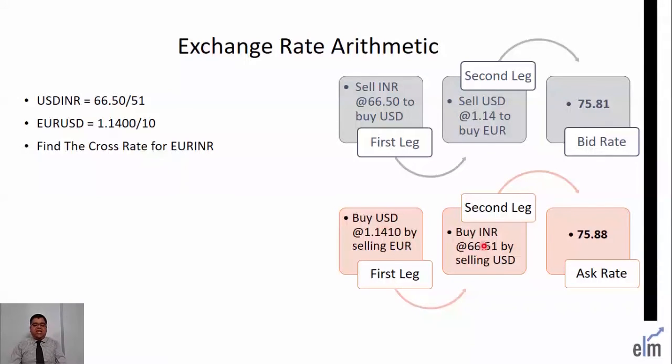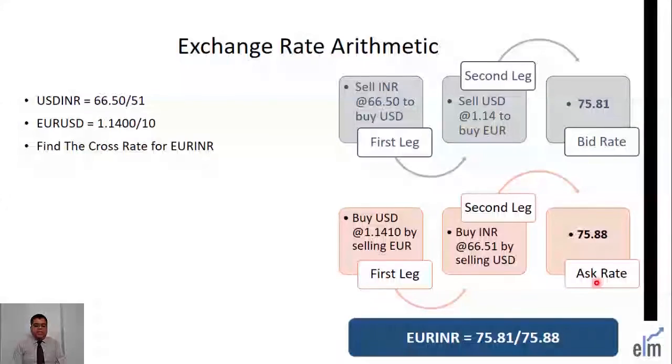Thereafter, we will sell the USD to buy INR at 66.51. Again, we will multiply the quotes and we get 75.88. So this comes to be the ask rate. Therefore, we can say that the rate for Euro INR will be 75.81, 75.88.